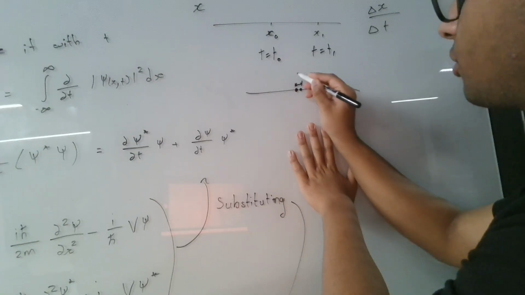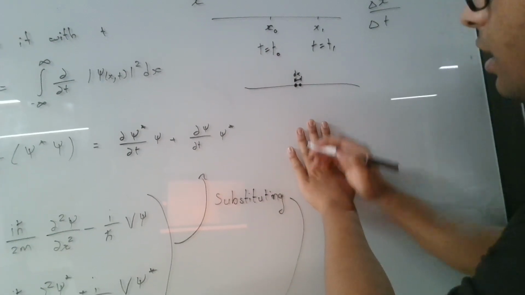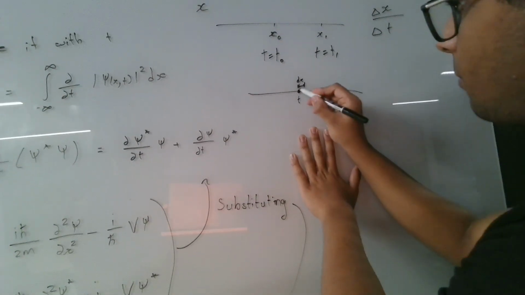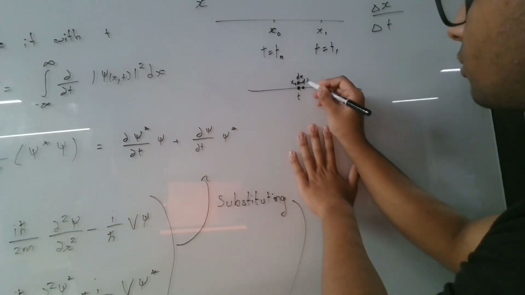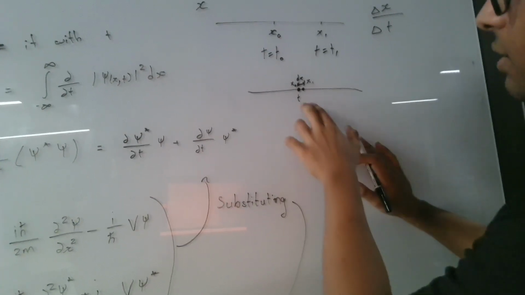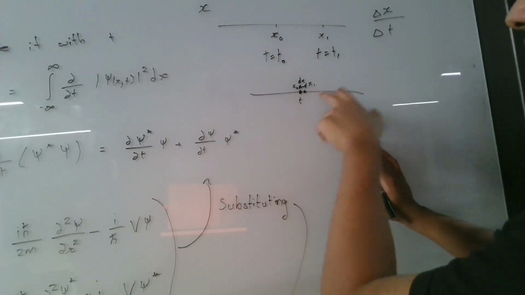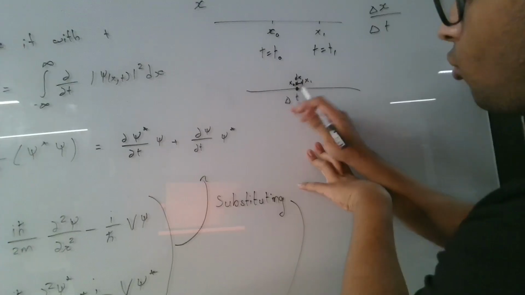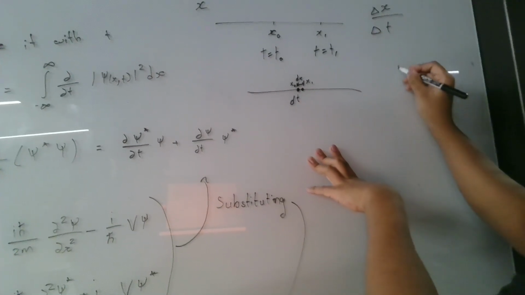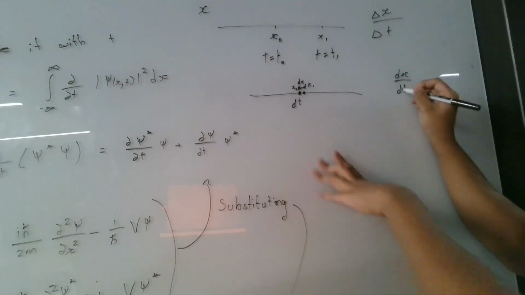Let's say this measure is dx, and this is t, and let's say this was x naught, and this is x1, and the time it takes to travel from x naught to x1 is delta t, or dt. What would the velocity be? It would be distance over time, which is dx over dt, right?